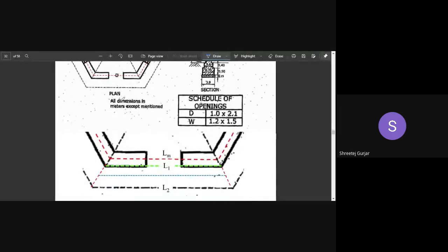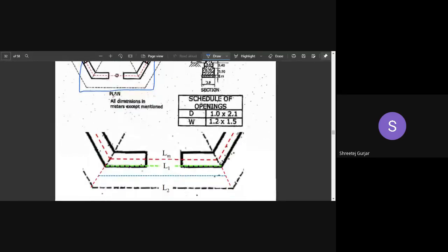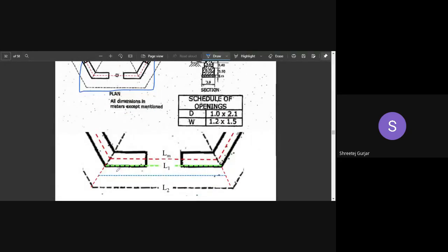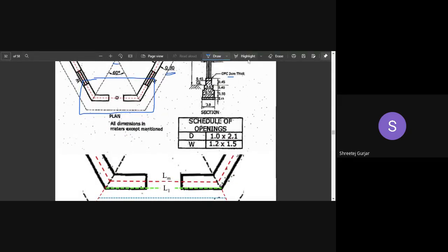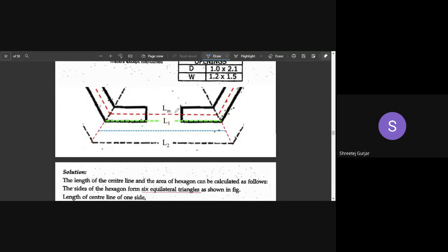What I've done is I've taken this part and zoomed in, and shown it over here so that it is easier for you to understand. So this is our center line length, from here to here, for one side.